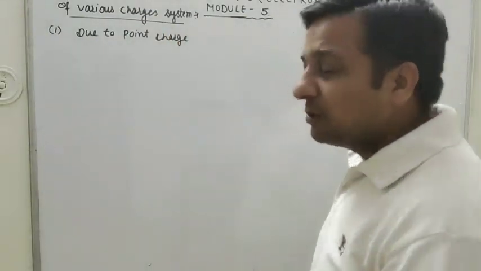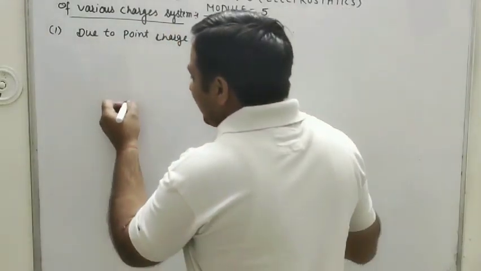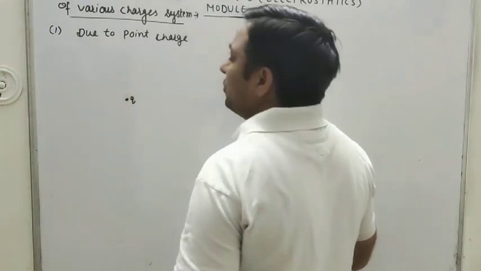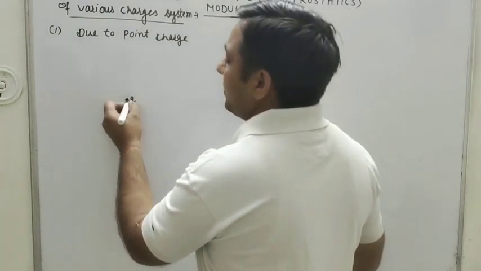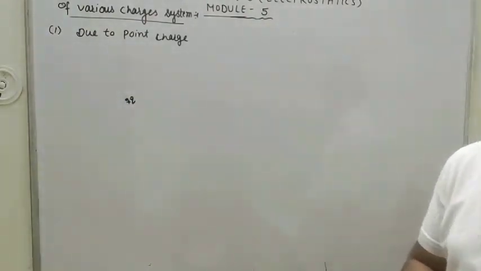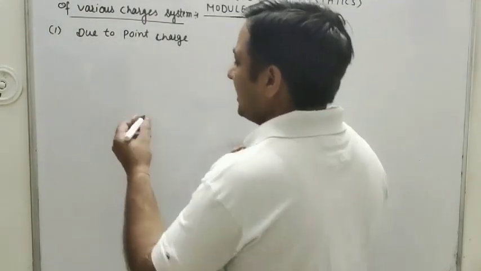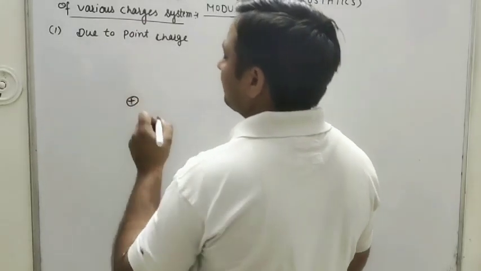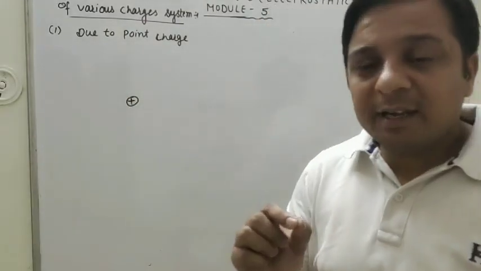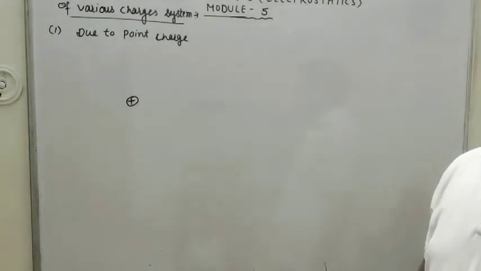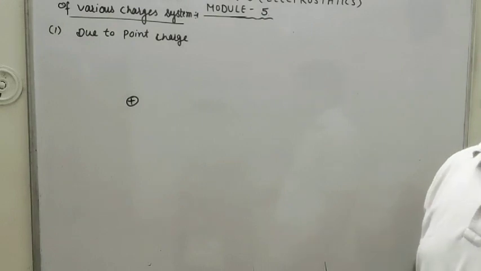So dear students, you know very well, this is a point charge Q, or you can say a positive charge plus Q. You know very well that electric field lines move away from a positive charge and come towards a negative charge.